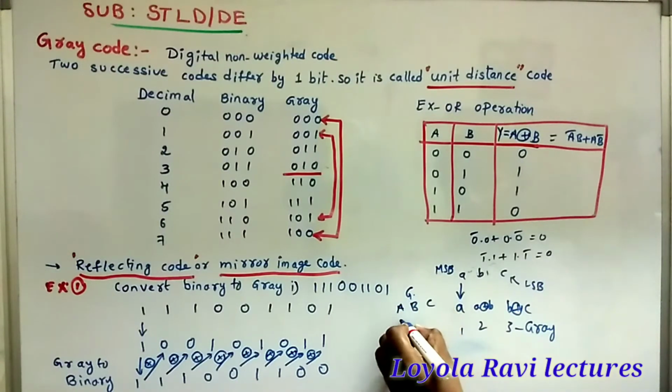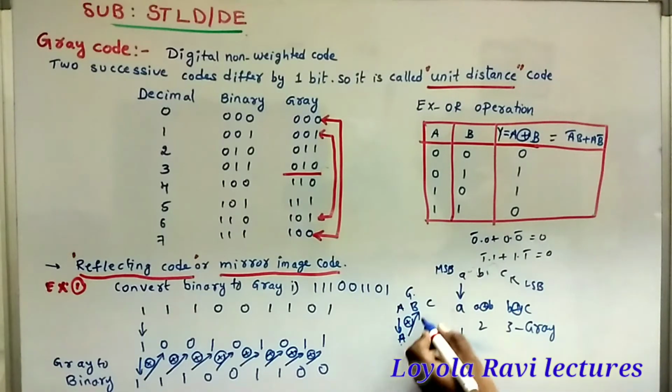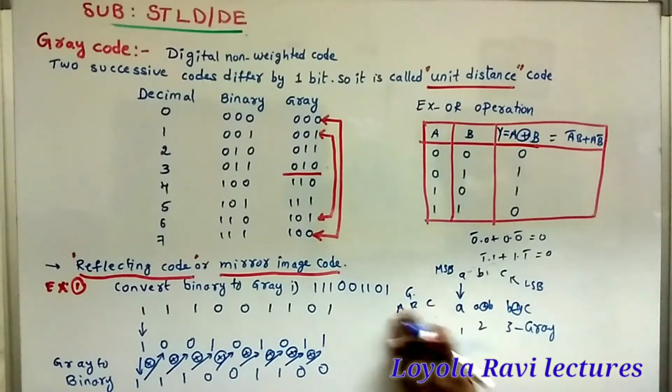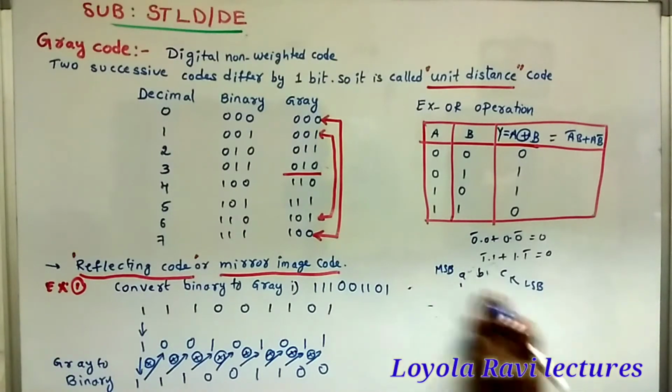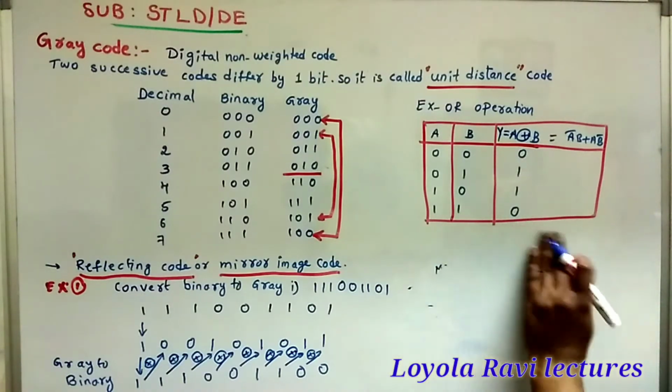Then write the MSB bit as it is, then perform XOR diagonally between this result and the B bit, write the result here, and perform the next XOR between the results. This is for idea purposes, no problem, we will see the example. In between two bits we perform the XOR operation, that is essential.